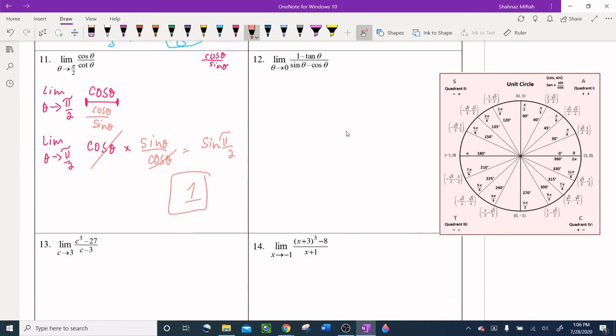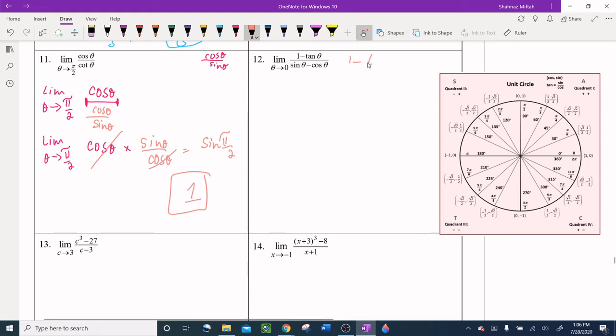Okay, let's try 1 minus tangent theta over sine theta minus cosine theta. Tangent again. Let's try direct substitution and plug in 0. 1 minus tangent.